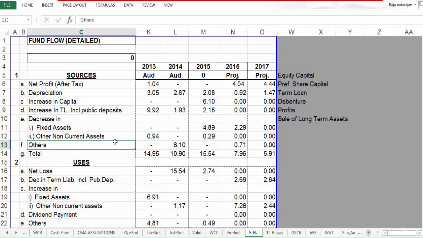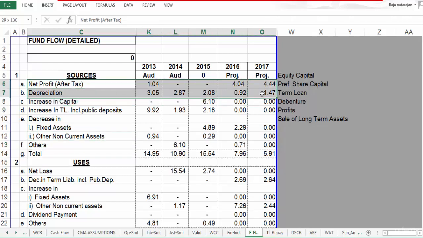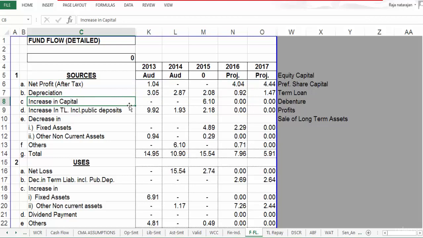In a CMA the sales are already linked, so automatically it will go to income statement, that is profit and loss, to get your cash profit. It will pick up profit after tax and it will add depreciation, so you get to know what is cash profit. It will automatically go to capital in your balance sheet.